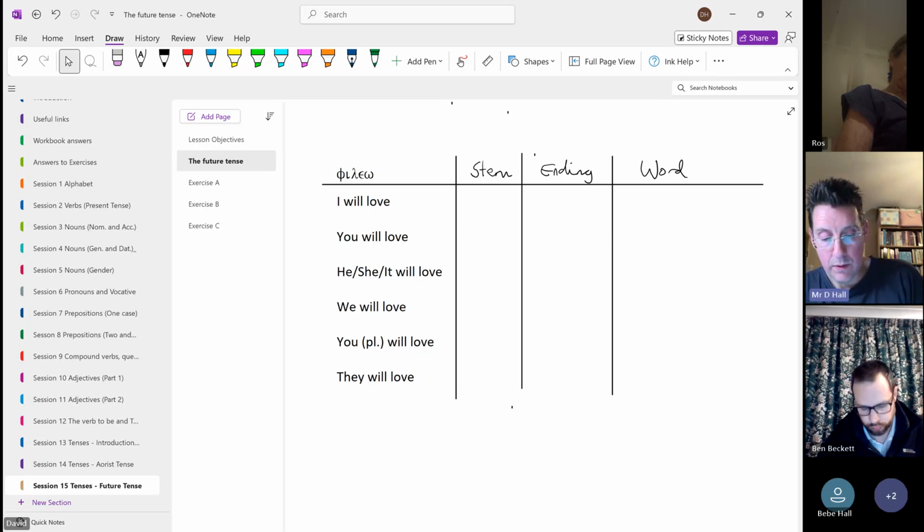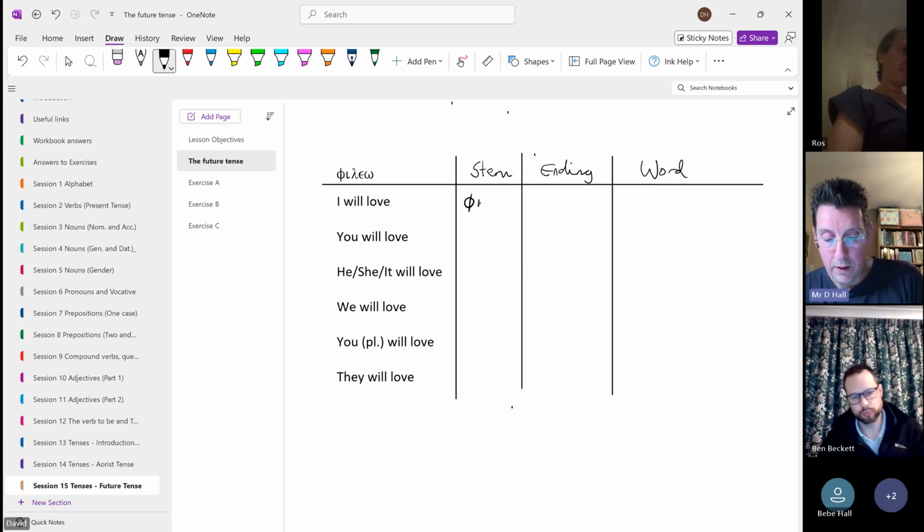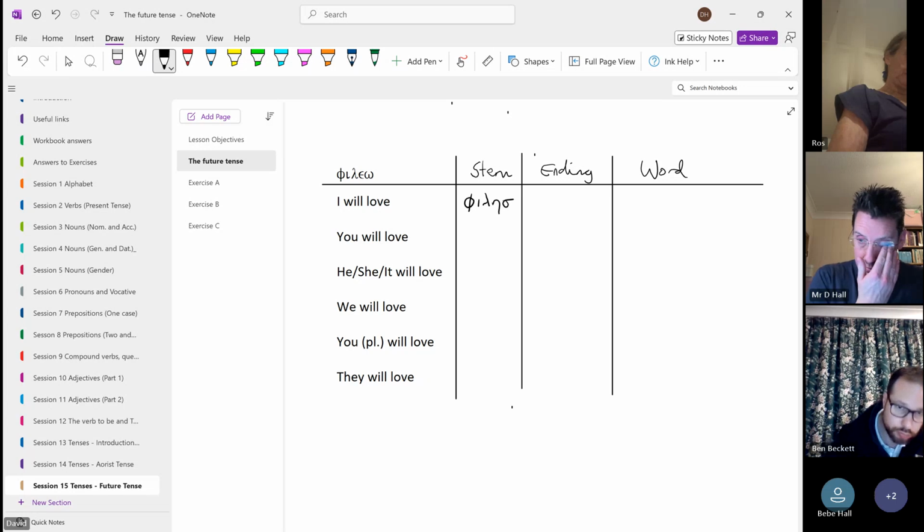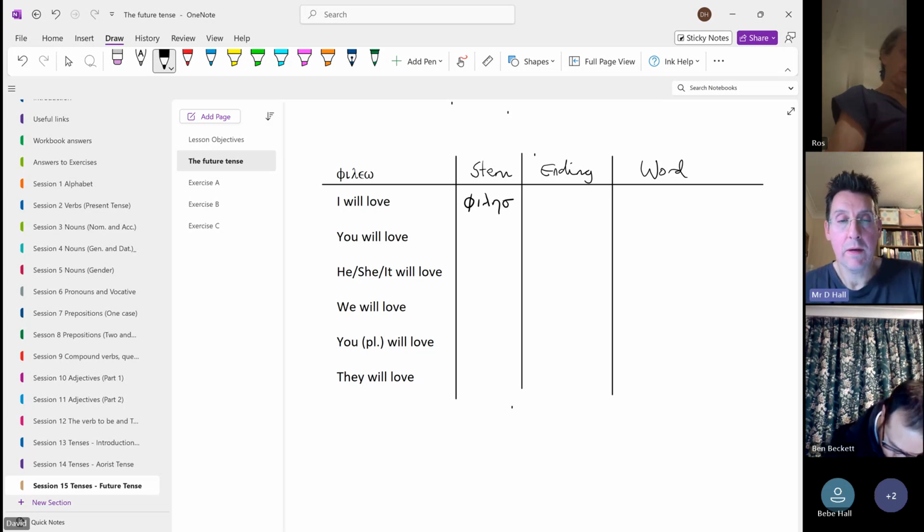And so here we'll just kind of move into this one. So for phil, and then the sigma. So the sigma is still going to be added, but because there's a sigma now in between the lengthening of that epsilon to an eta, so the e has just become a long e, the sigma is in between, it doesn't affect the ending.